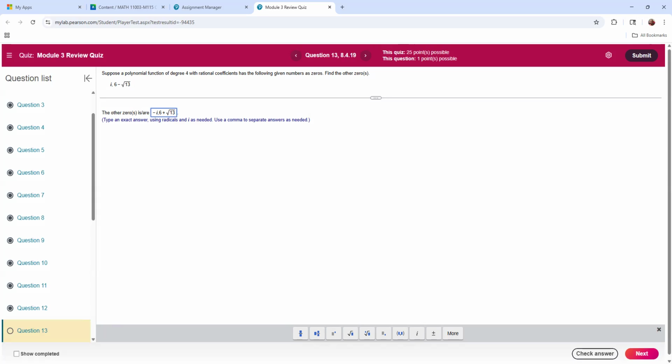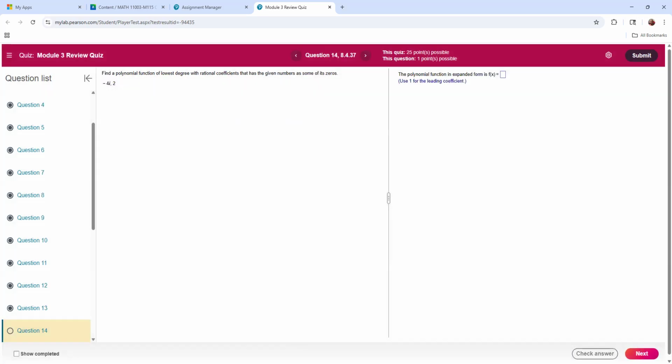All right, y'all, so then we hit next. So this, since we now know that these zeros come in conjugate pairs if they're imaginary, they're giving you a negative 4i zero and a positive 2 zero. And they want me to come up with a polynomial. So y'all, that means we're doing more FOILing.